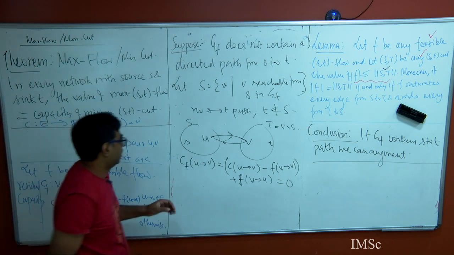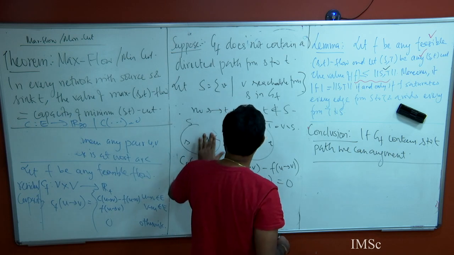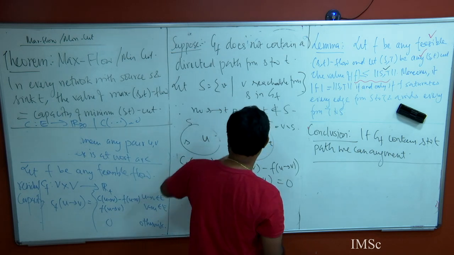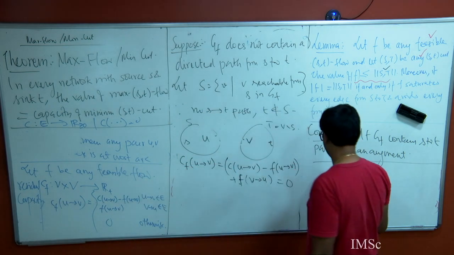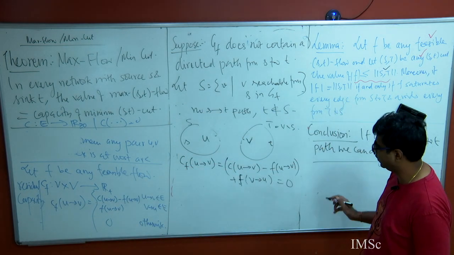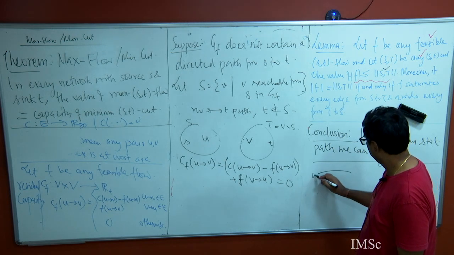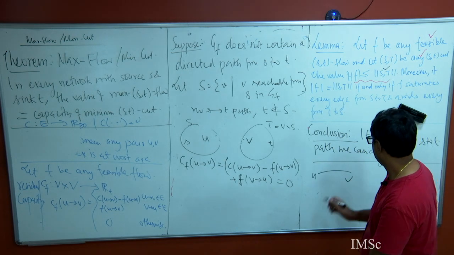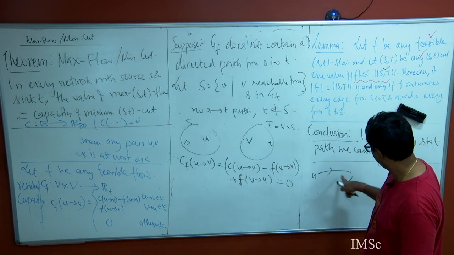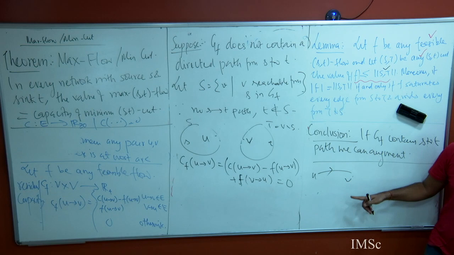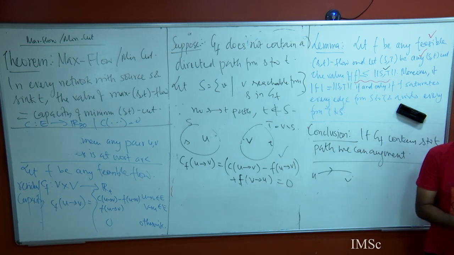Okay, so this is the actual edge. Pick any pair U, V. Now look at U, V. I could have a graph with an edge of this nature, then this part is true.